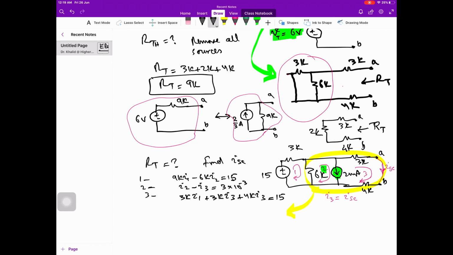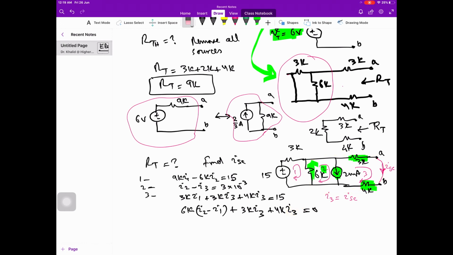So writing the loop equation, it will be 6k, due to the direction of the loop, 6k (I2 minus I1), and plus the voltage drop over here in this direction, plus 3k I3, and then plus 4k I3, and the loop is complete, equal to 0.